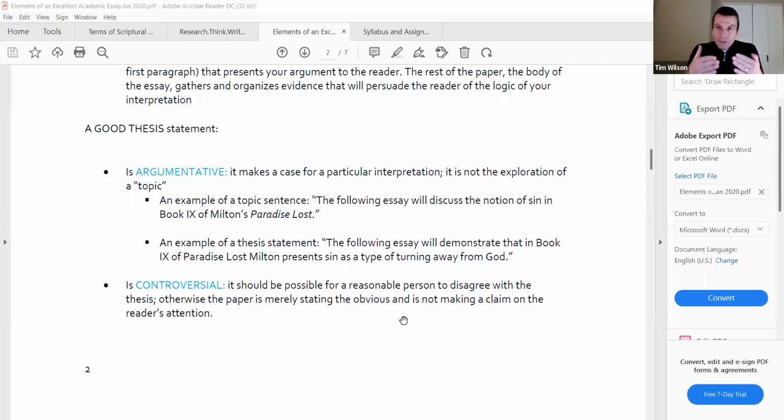If you're claiming the obvious, you haven't pushed that pointy stick of knowledge beyond the sphere of the known yet. The example I used there is that Henry V is a play about war. Yeah, it is. I know that. First of all, why do I want to read further? And second of all, you haven't contributed anything to the discussion.